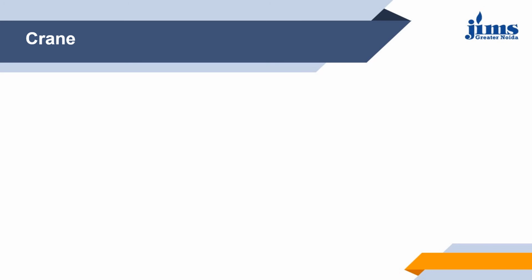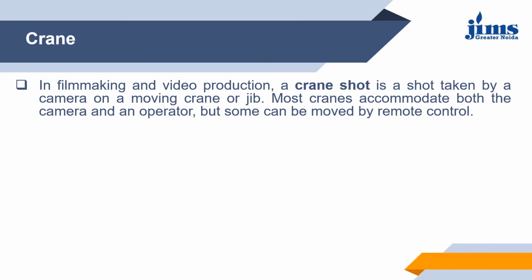Next one is crane. In filmmaking and video production, a crane shot is a shot taken by a camera on a moving crane or jib. Most cranes accommodate both the camera and an operator, but some can move by remote control. Mostly, the crane accommodates both camera and the cameraman.